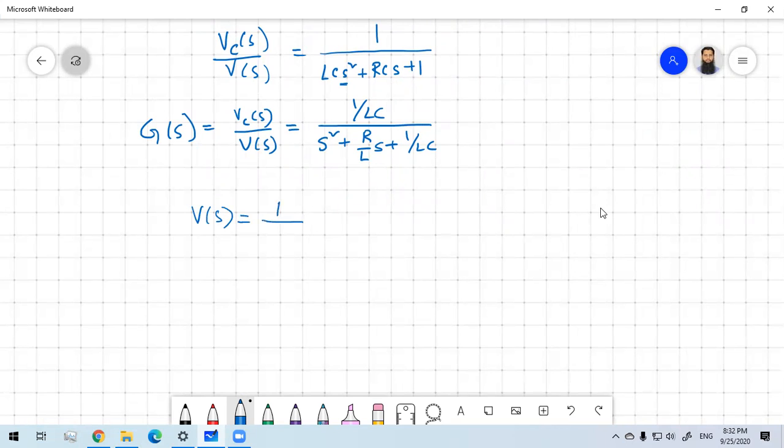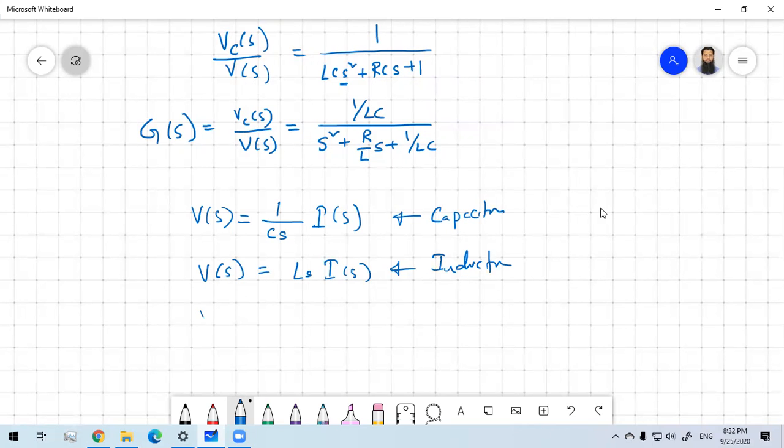Impedance is 1/(CS), times the current I(s). So this is for the capacitor. Similarly for the inductor, the voltage across the inductor should be equal to the impedance, which is LS, times the current. So this is for the inductor.